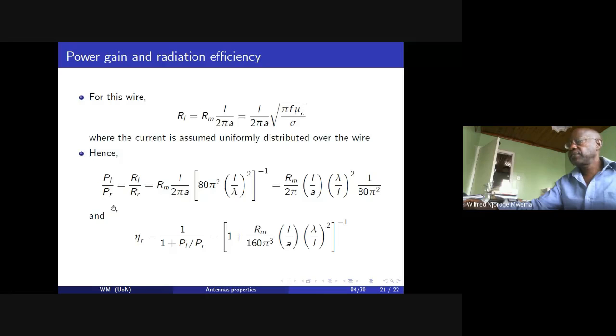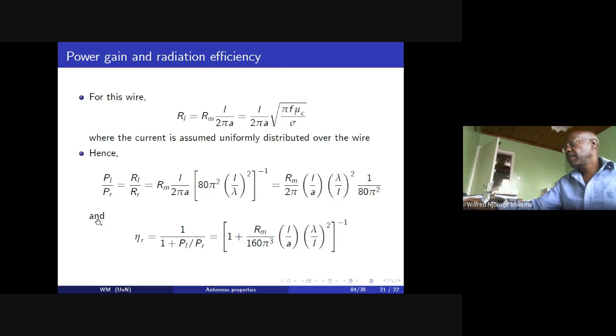And hence, the power loss over the radiation power is going to be given by the loss resistance divided by the radiation resistance, and we get a value of that nature, which is going to be given by lambda over L squared over 1 over 80 pi squared at the bottom.